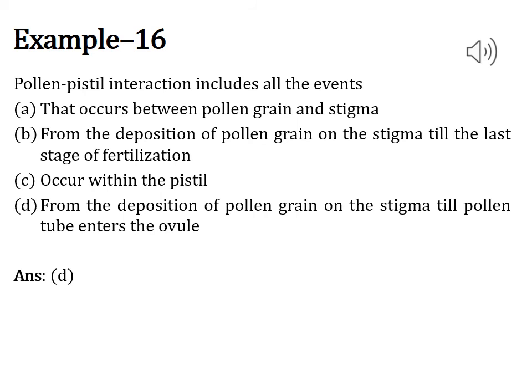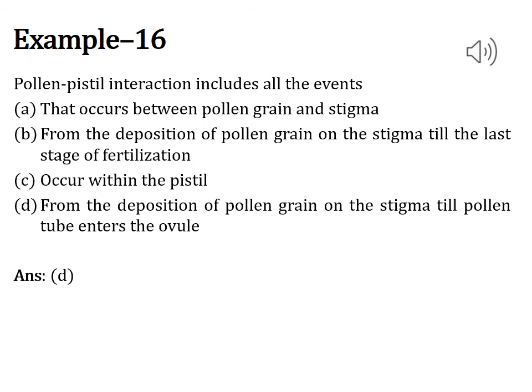So options are like this: A, that occurs between pollen grains and stigma. This is not the right thing because pistil is nothing but style, stigma and ovary. B, from the deposition of pollen grains on the stigma till the last stage of fertilization. Here germination and everything is not considered, so this is also wrong.